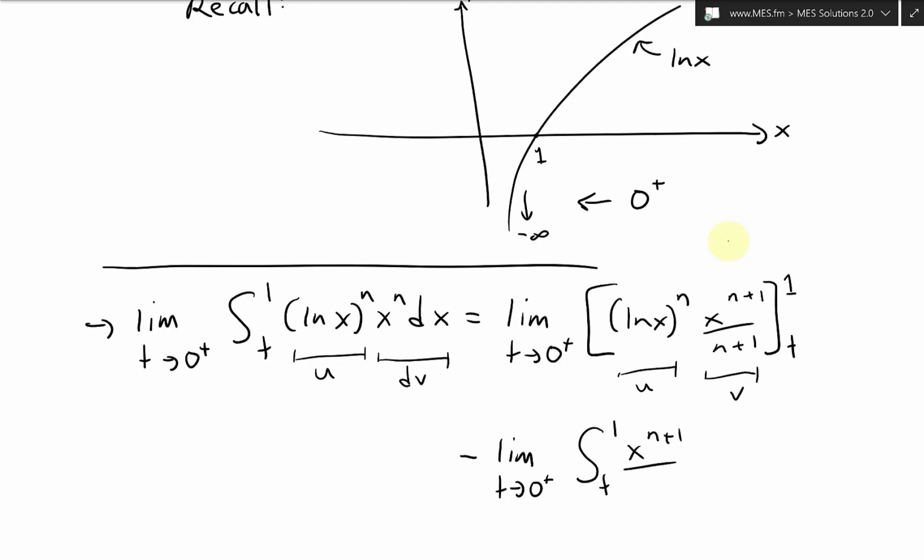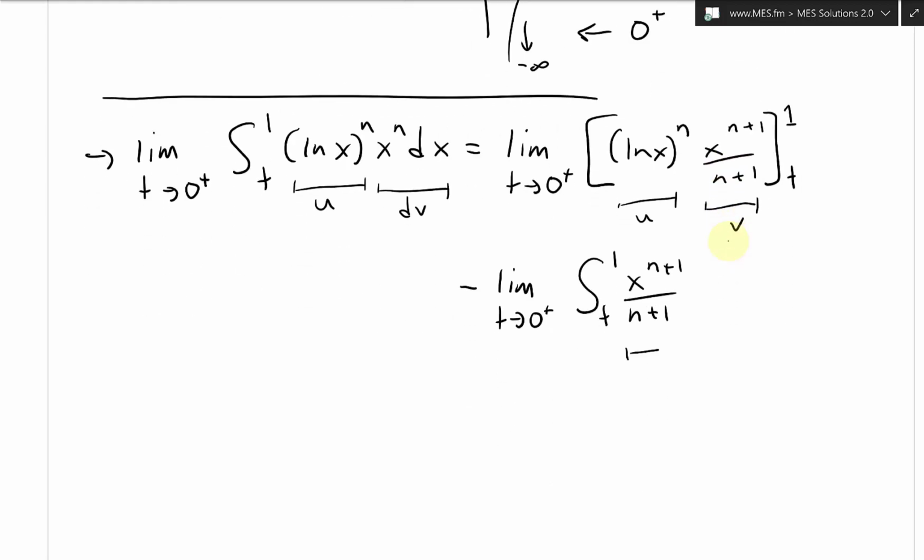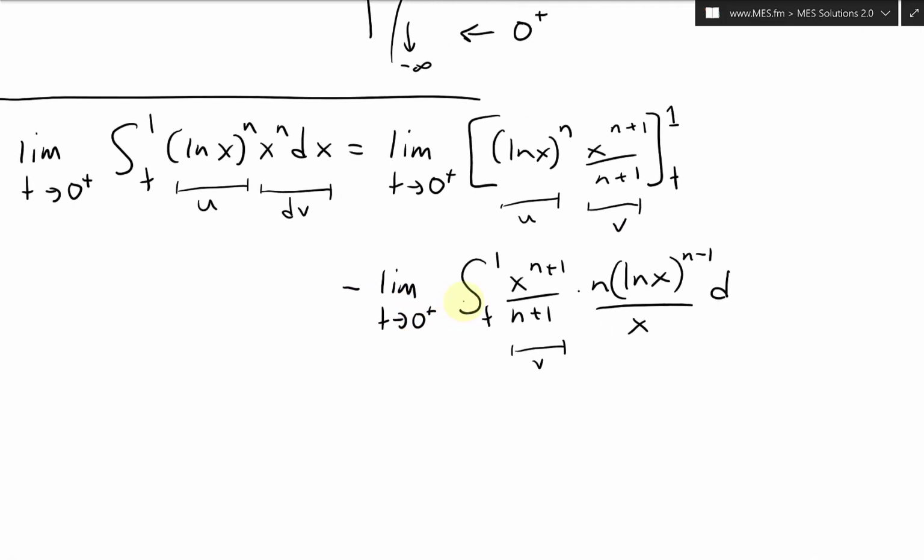So v is x^(n+1) over n+1, and du is n times (ln x)^(n-1) over x, times dx. This whole thing, including the dx, is our du.